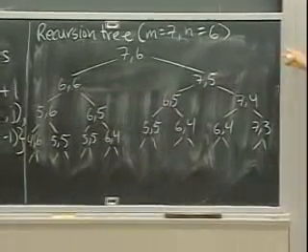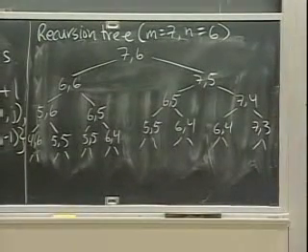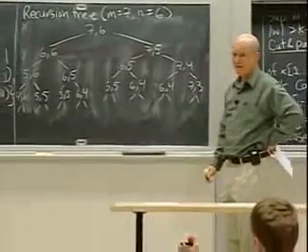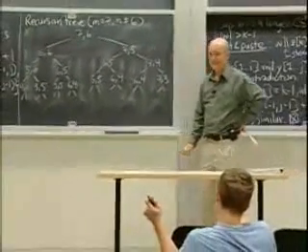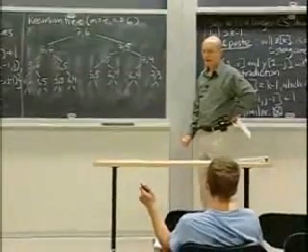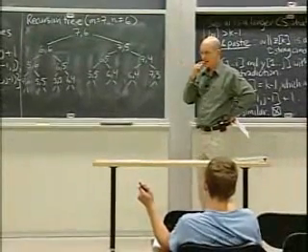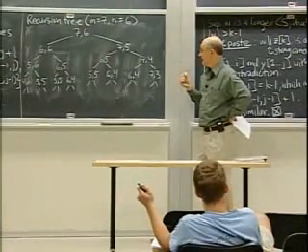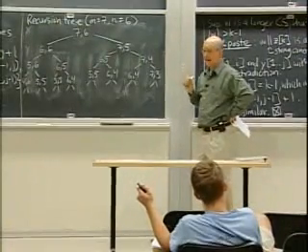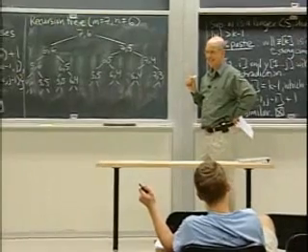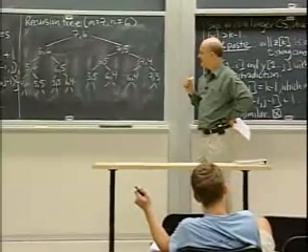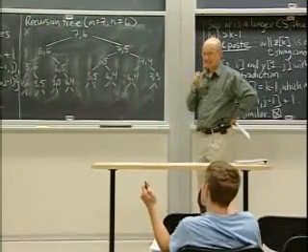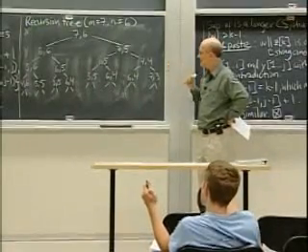So what's the height of this tree? Now, not of this one for the particular value of m and n, but in terms of m and n. What's the height of this tree? Yeah. Max of m and n. You got it, it's theta of the max, plus 1. It's not the max.